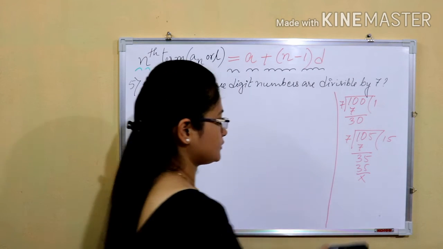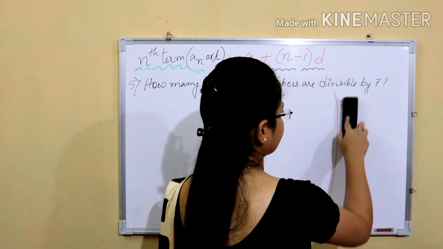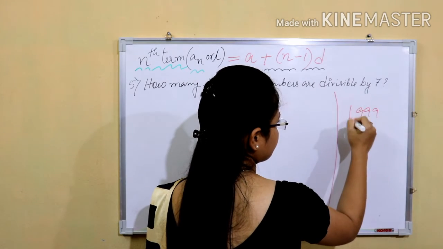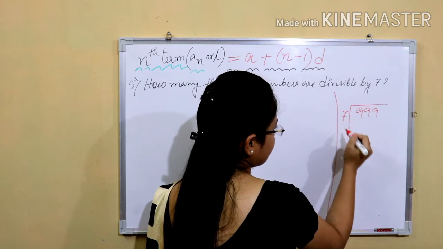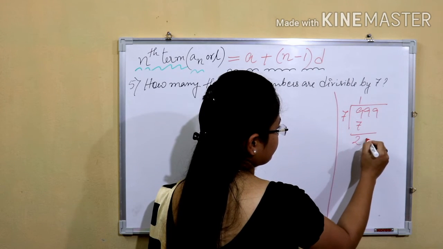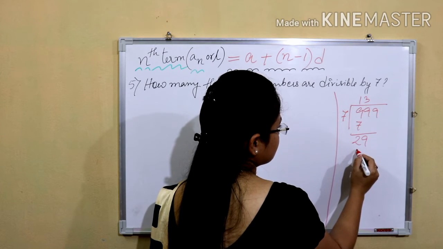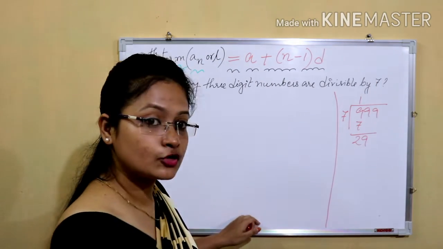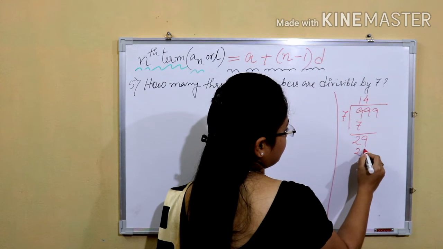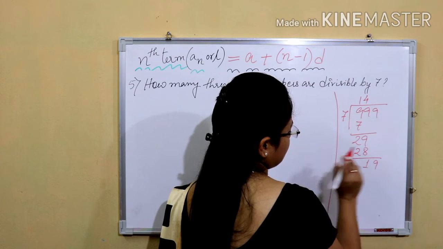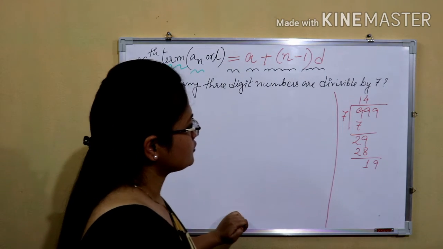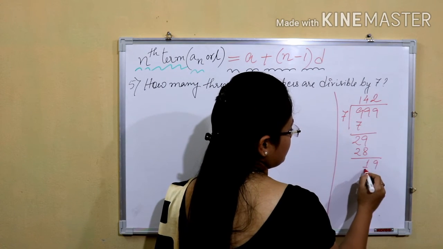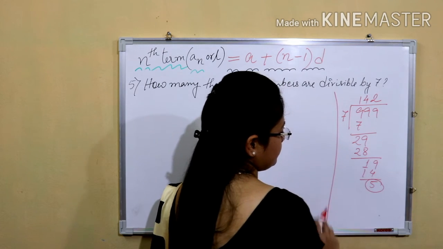Is it divisible by 7 or not? 7 ones are 7, 7 twos are 14, 7 threes are 21, 7 fours are 28. We can see that 5 is the remainder.